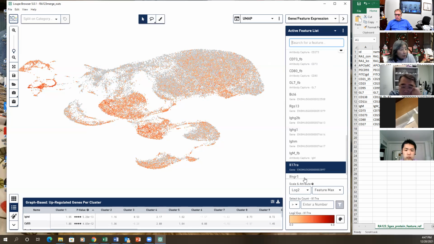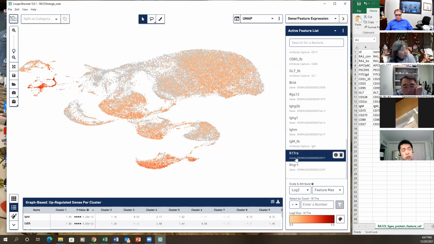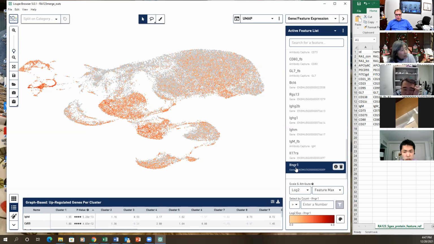Okay, this is interferon gamma. No, it's 17. No, I'm comparing these two. Oh, okay. So I think, yeah, gamma is the highest in the memory, actually. Down there. This is the highest.